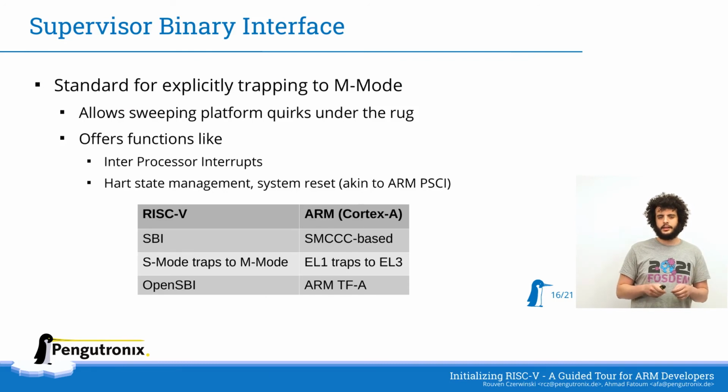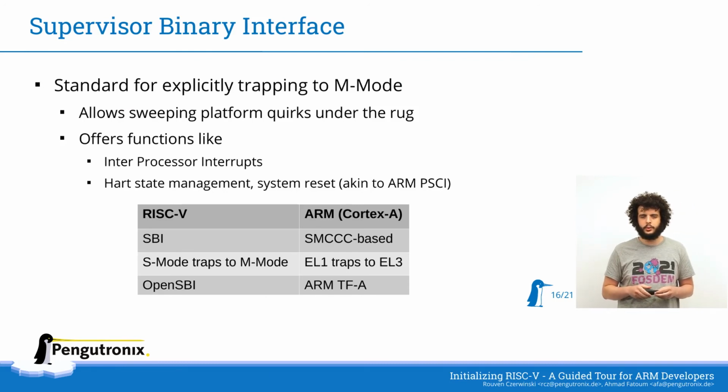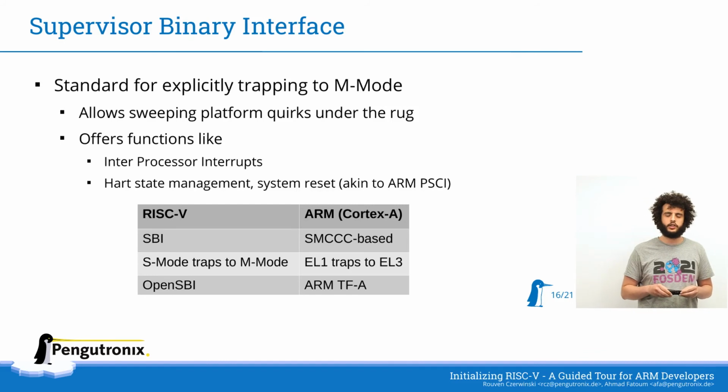So, well, let's revisit a bit why we talked about privilege modes. It was because we could use it to offload functions into the firmware. So there is an interface for that, and that's the supervisor binary interface. It's a standard for explicitly trapping to firmware so that it can do functions for you. This allows handling platform quirks and offers functions like interprocessor interrupts, hart state management, system reset.